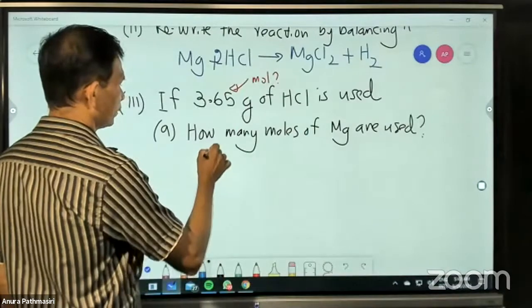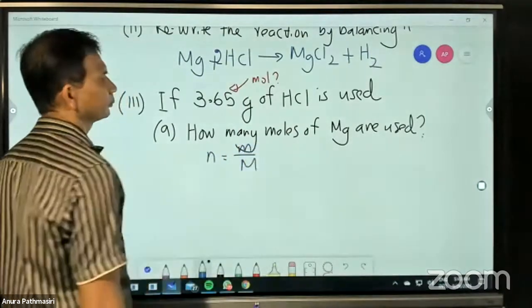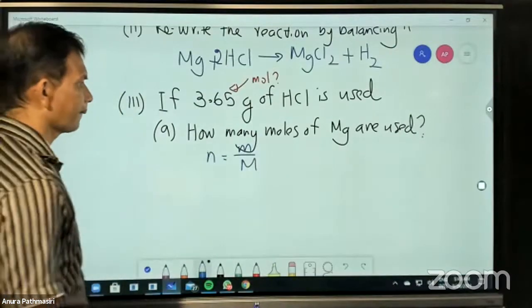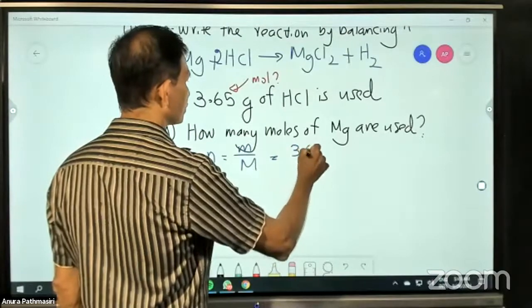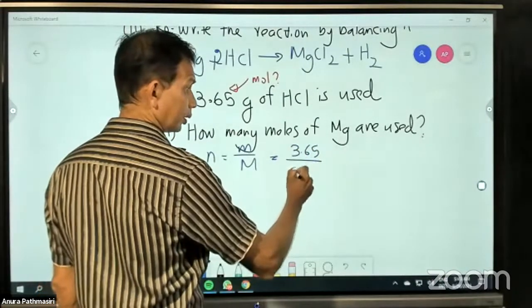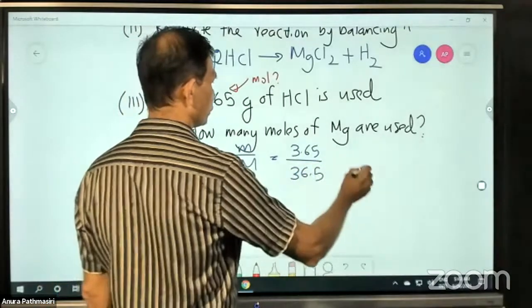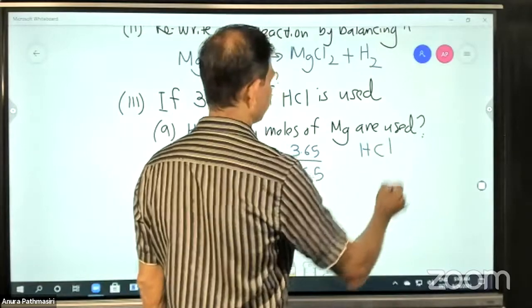Simple n equals small m over capital M. Then you have 3.65 divided by 36.5. Why?